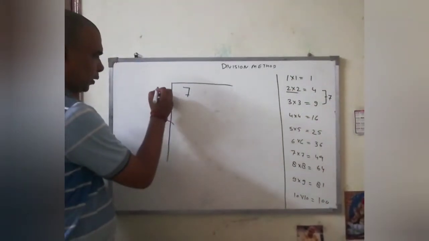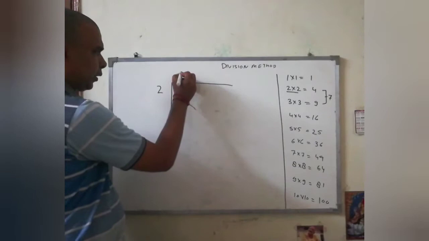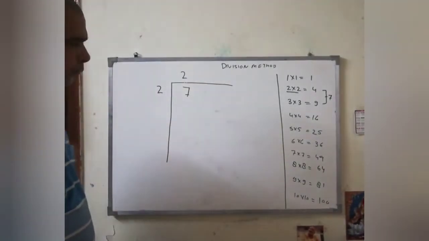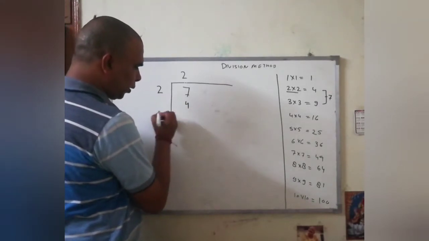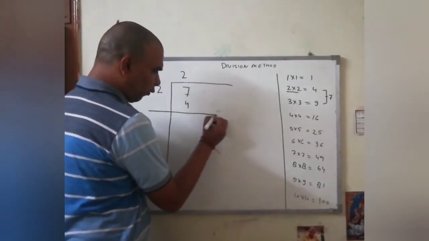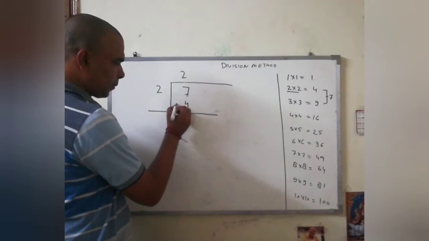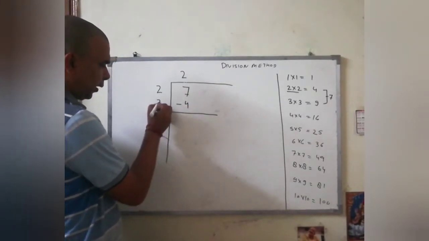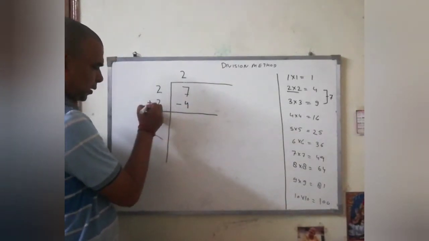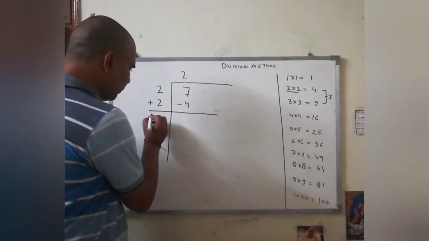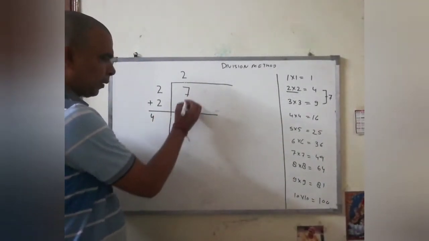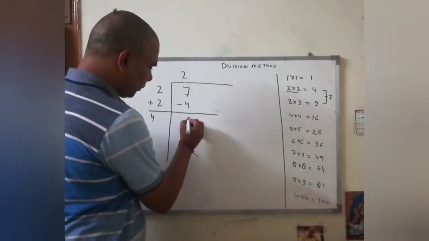I am putting 2 here and 2 here. 2 into 2 comes 4. After that I draw one line and subtract here, and I put 2 here and plus this side. So 2 plus 2 is 4, and 7 minus 4 is 3.